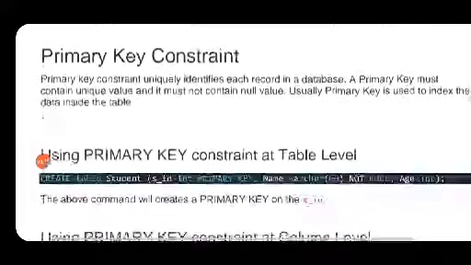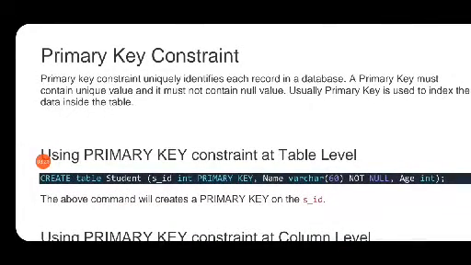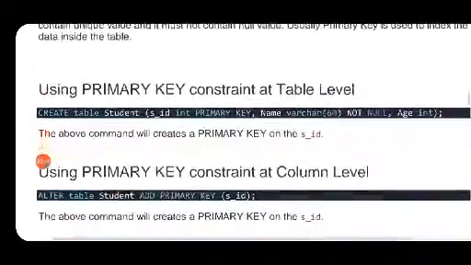Now primary key constraint. It uniquely identifies each record in a table and a primary key must contain unique values and it must not contain null values. So basically primary key is equal to not null plus unique, and the primary key is used to index the data inside the table.